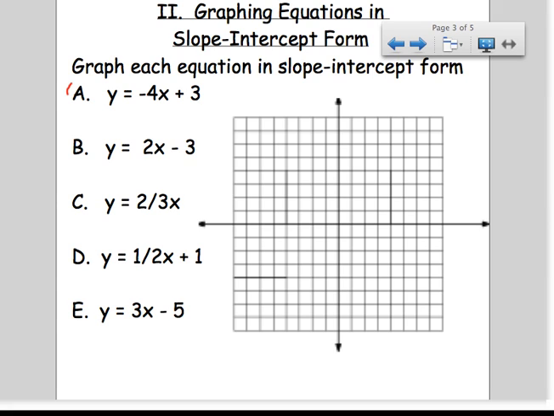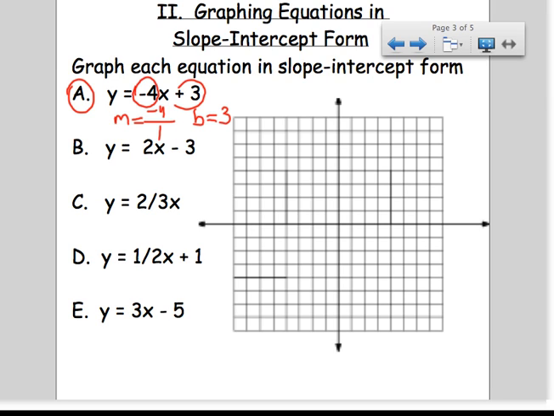So looking at A, I can see that if y equals mx plus b, the slope is negative 4. So I'm going to identify the slope first, which is negative 4 over 1. It doesn't change it if I put it over 1. The y-intercept is positive 3.